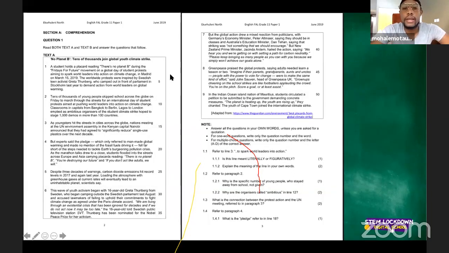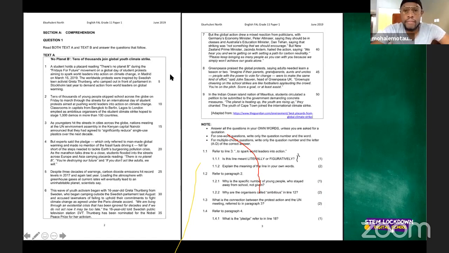But the global action drew mixed reaction from politicians, with Germany's economy minister, Peter Altmaier, saying that they should be in classes, and Australia's education minister, Dan Tehan, saying that striking was not something that we should encourage.